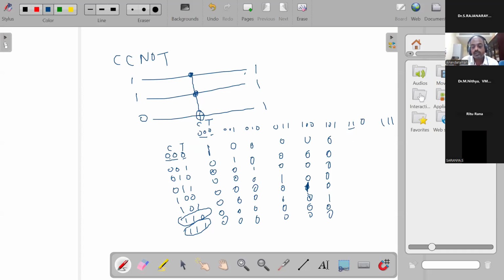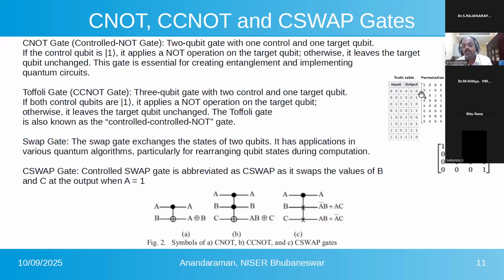So it will be 0, 0, 0, 0, 0, 0, 0, 1. Here also the first two are 1, so this will be flipped. That means the output will be 1, 1, 0. So 0, 0, 0, 0, 0, 0, 1, 0. This is the matrix. So here you can see, all other 1s are in place. Here 1, 1, 0 becomes 1, 1, 1 and 1, 1, 1 becomes 1, 1, 0.